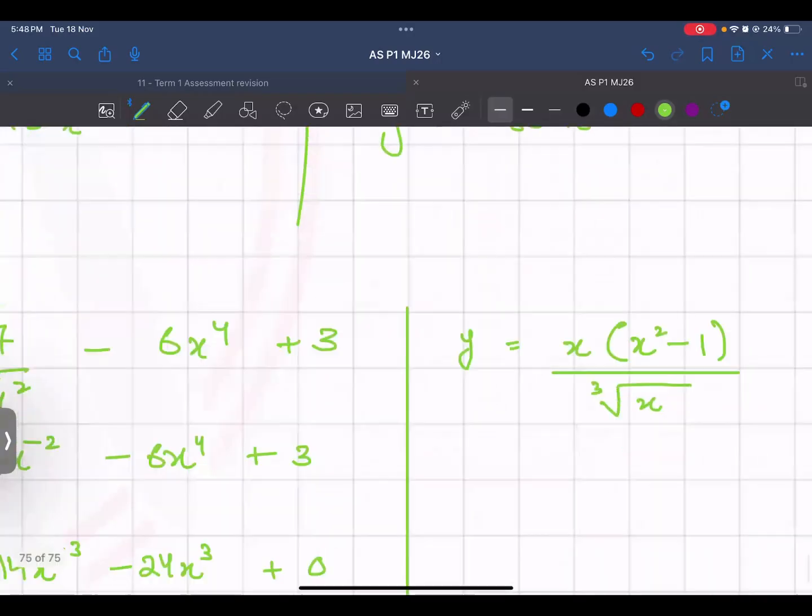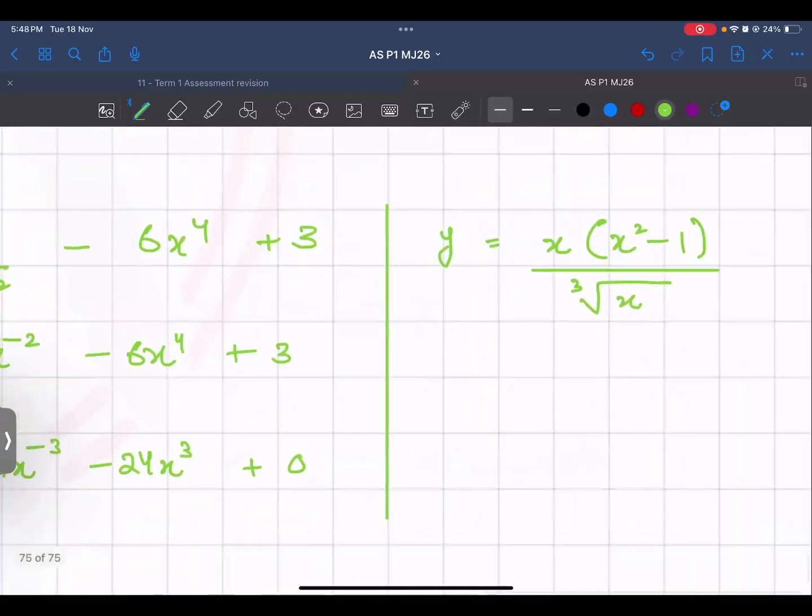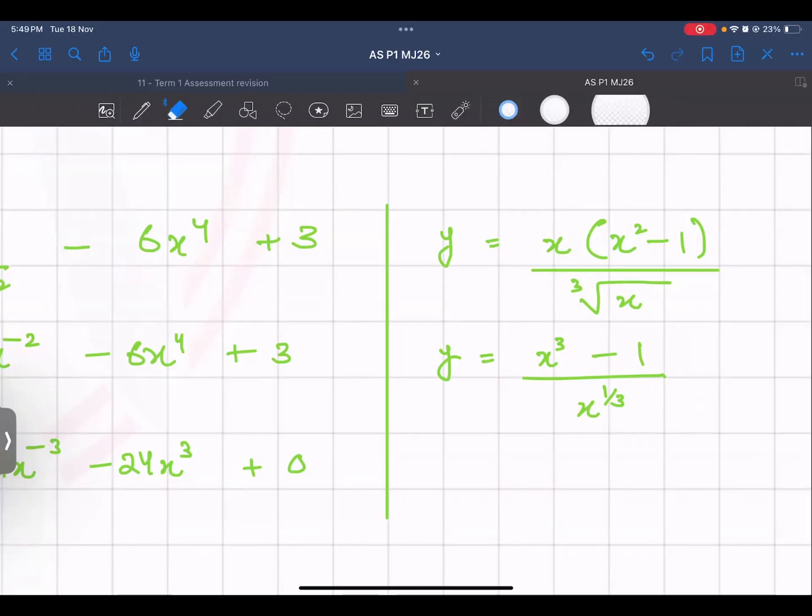Now look, first of all, in this example, you will have to simplify the terms, separate the terms, use some indices. So what can I do? On the first one, I can expand the top bracket, the numerator. So this becomes x cube minus 1 upon cube root of x, which becomes x to the power of 1 upon 3. Cube root of x is x to the power 1 upon 3.